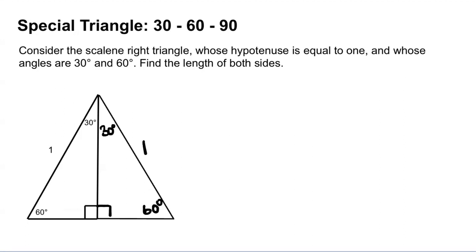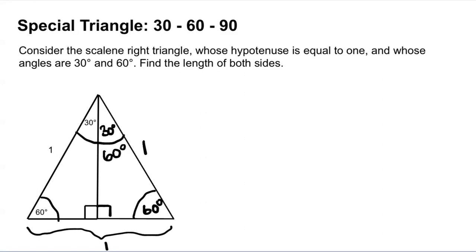In the big triangle, we have our 60 degrees here, our 60 degrees here, and this angle, the 30 plus the 30, is also 60 degrees. What that tells us about the big triangle is that it's actually an equilateral triangle, meaning that all the side lengths are equal. So this side length is equal to 1.